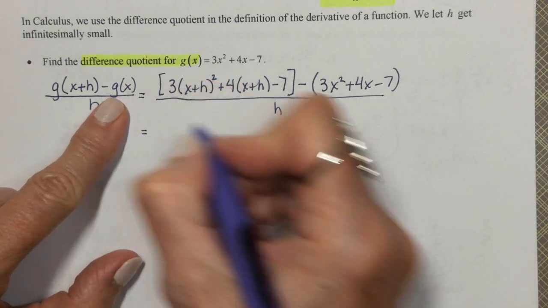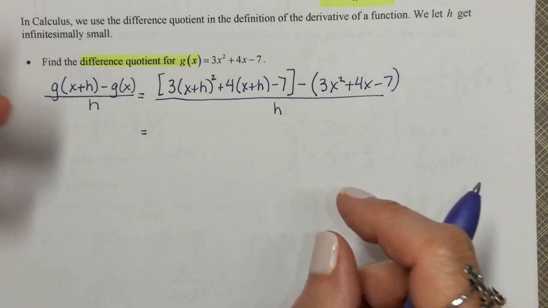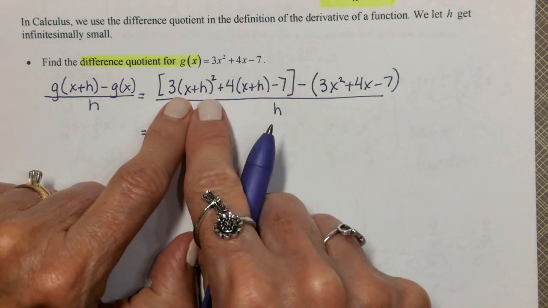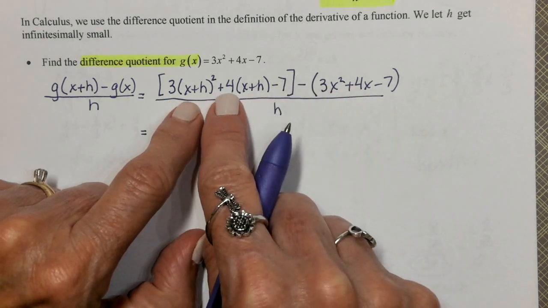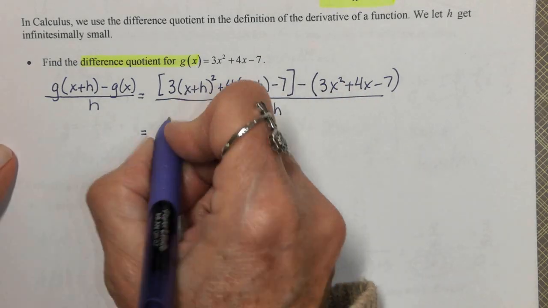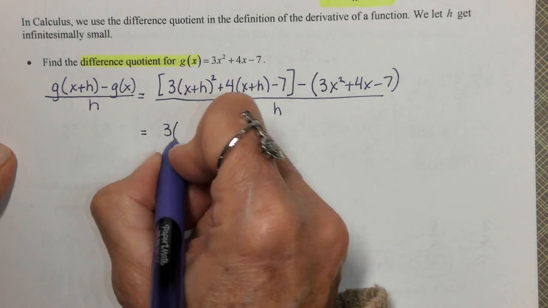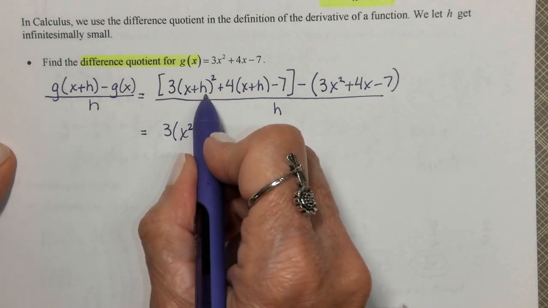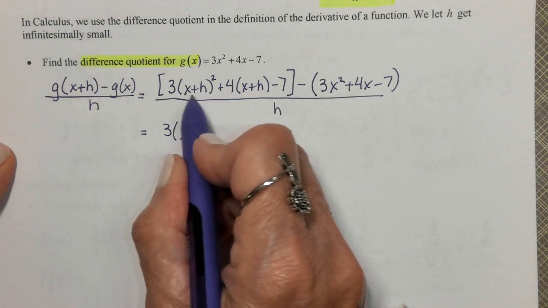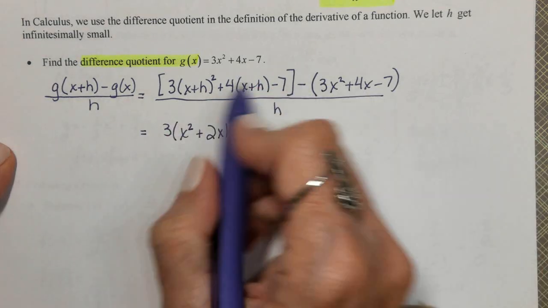Okay, now, let's simplify this. These will be multiple choice questions, so we'll have to simplify, clean this up. So I'm going to square this binomial. When you square that binomial, you're going to get an x squared, and you're going to get an h squared, but you also have that middle term, right? That plus twice the product of those.